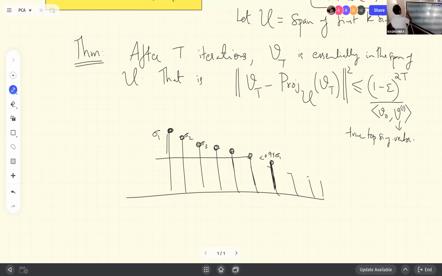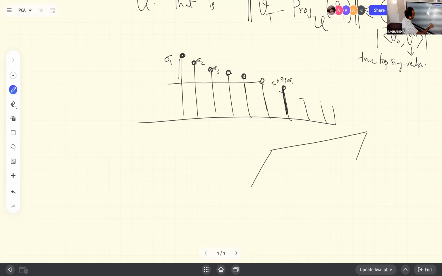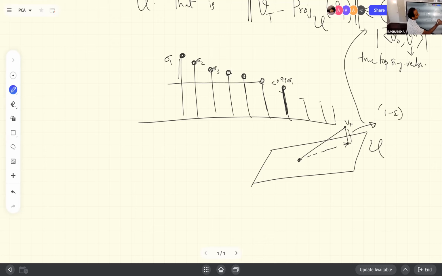Okay, and there is one more thing here. As the number of iterations increases, the gap, how far you are from the span of these vectors, let's think of this as u, then Vt is very close to this subspace, and this length is decreasing at an exponential rate, depending on the threshold epsilon you're setting.